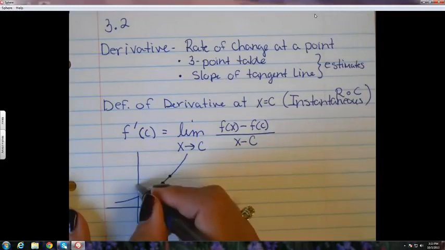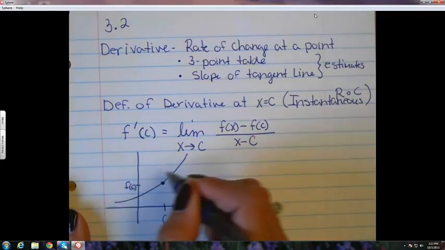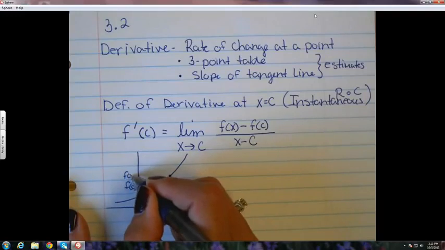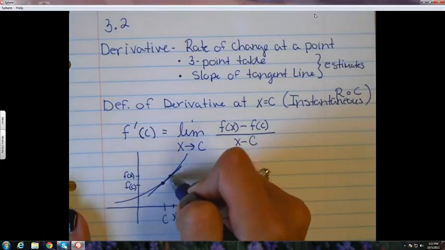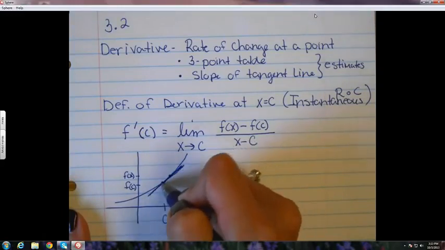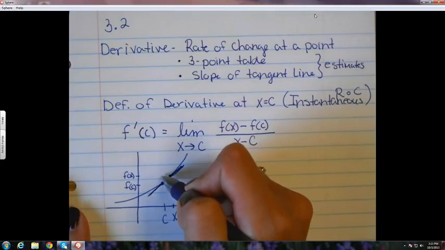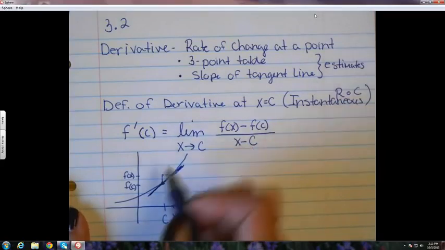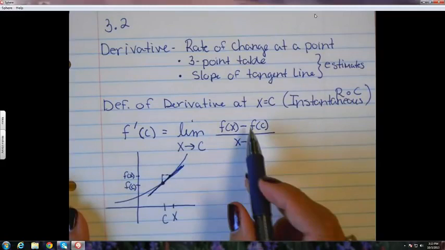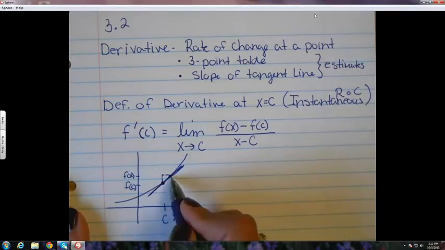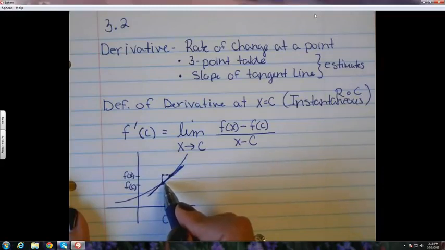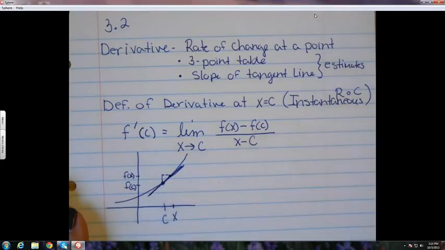So this one's f of c, this one is f of x. And to get that slope, we did change in y. The change in y is f of x minus f of c, all over the change in x, x minus c. And we want the limit as we slide this x in closer to c. As I slide it in, what do those slopes appear to be approaching? And that's what this definition is going to tell us.